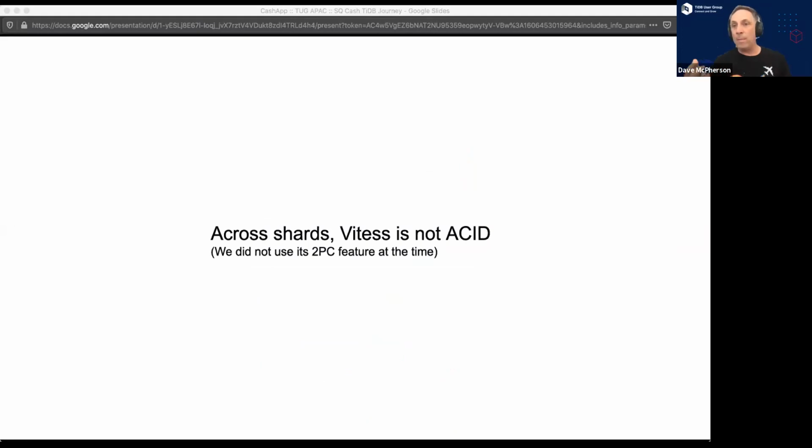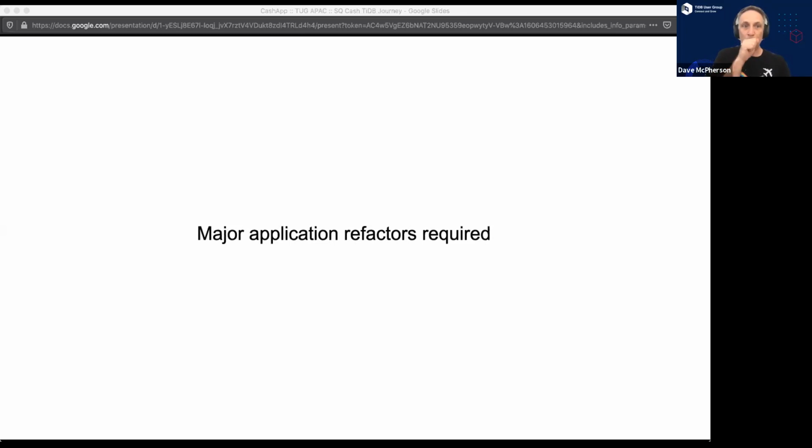Now, that might be okay when you're building an application out from scratch, but when you're retrofitting an application back in, it does become quite difficult. So it was going to require some fairly major refactoring of our application. Things like cross-shard transactions being either removed or managed and handled in a way that was less onerous on the system. This was very challenging.